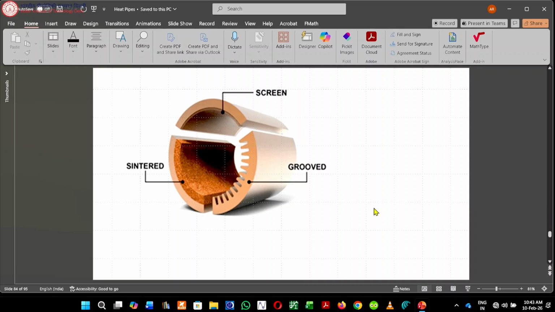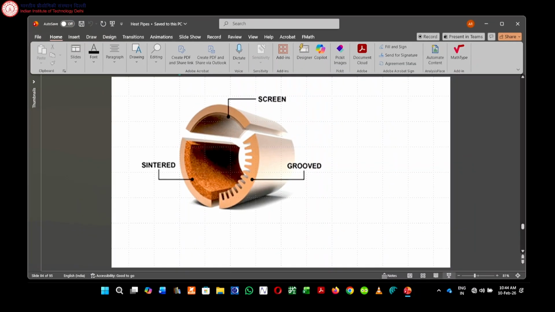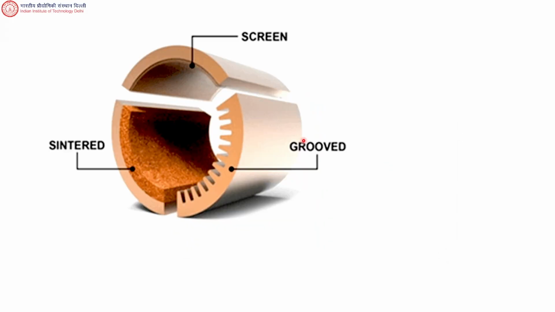Yes, so these are different models, different types of wicks. I think one of you said it can be a mesh, right? So these are screens, which are multiple screens attached to the underside of the wall.